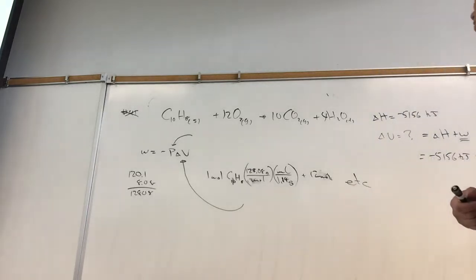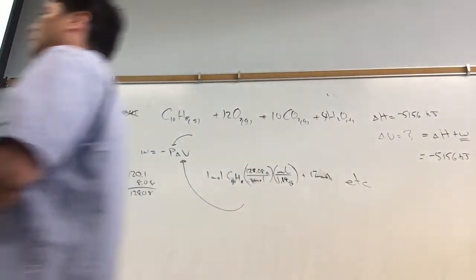A half a kilojoule for a 50 liter expansion doesn't even make an impact on this. A little, but not much. And so the work terms are typically small. You'd have to have a huge expansion in order to make a big impact on a kilojoule. So I'll let you finish this calculation here.